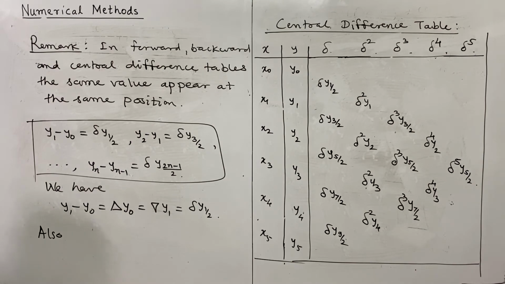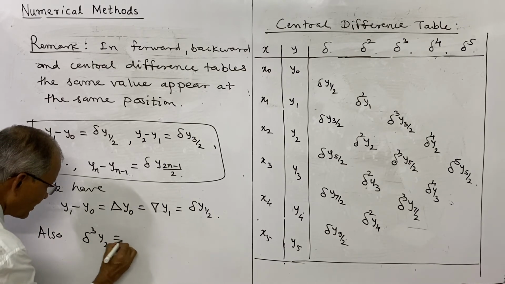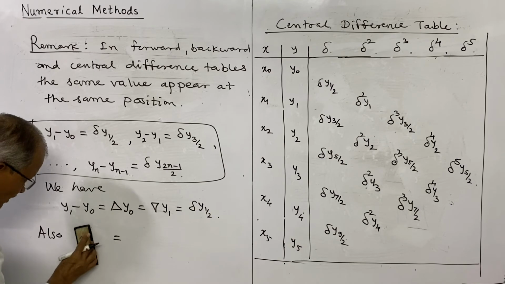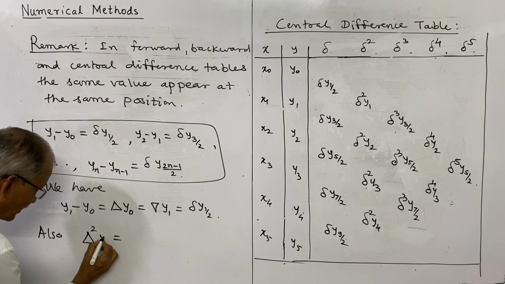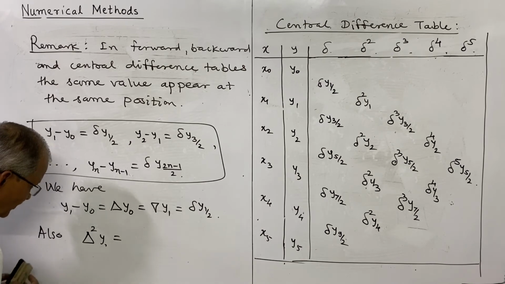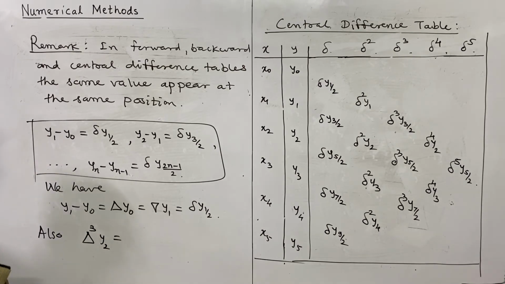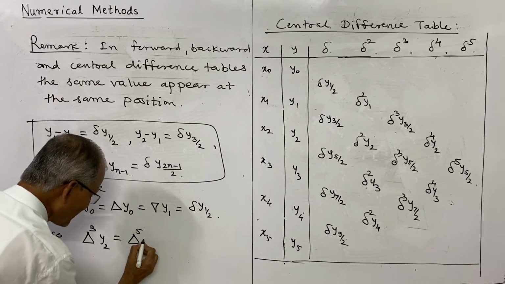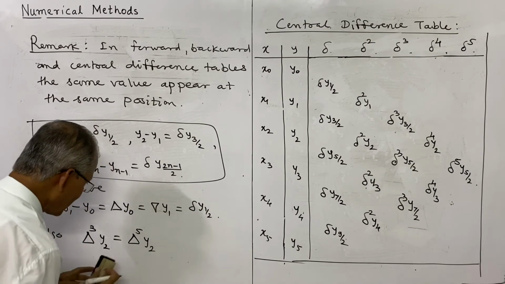Which value we have written is delta cube of y2, we have written earlier, delta cube of y2, which is same as delta raised to 5 of y2, not delta but del.